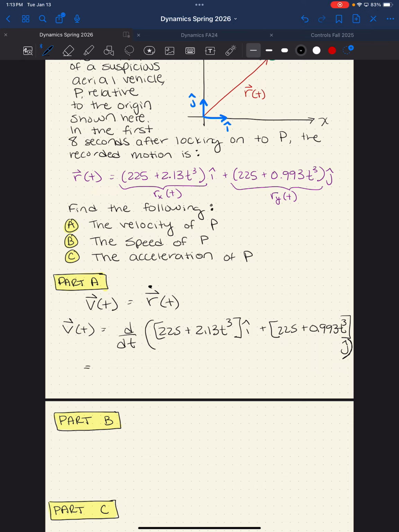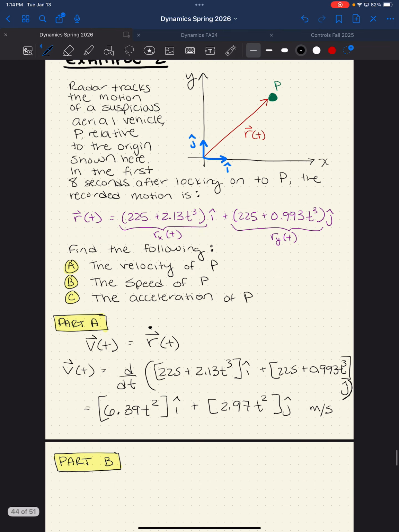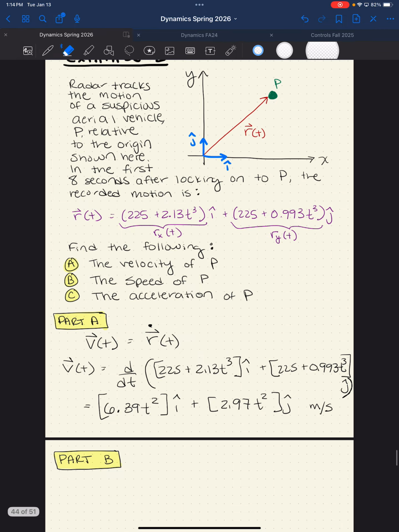If I evaluate those derivatives, I just have 6.39 t squared i hat plus 2.97 t squared j hat. And I should have given you that this position is given in meters, so velocity is in meters per second.